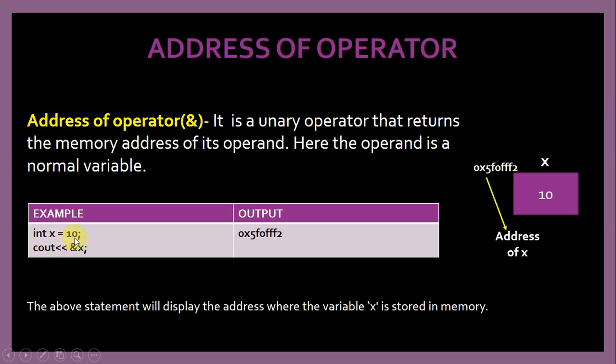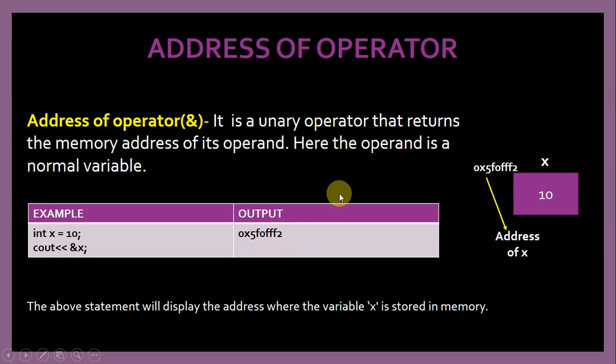Suppose int x is equal to 10, which means x is a variable of type integer and its value is 10. The beginning address where this variable is created in memory is this. This is the beginning address of x. So if I say cout ampersand x, the output will be this address, the beginning address at which the variable x is stored.